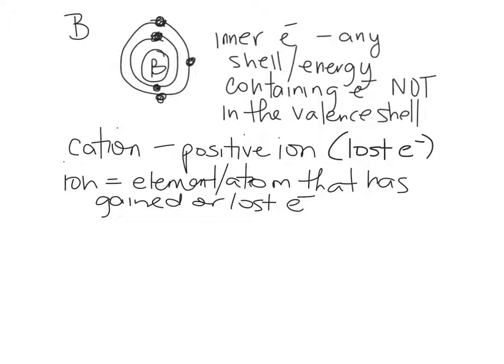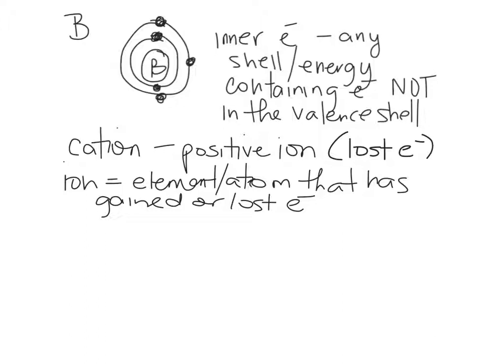If you're positively charged, that means you have more protons than you do electrons. So, if boron happened to lose 3 electrons, it's got 5 protons, 2 electrons, so it would have a net charge of +3. That's where the plus and the minuses come on your periodic table. How many extra or how many you lost or how many you gained.